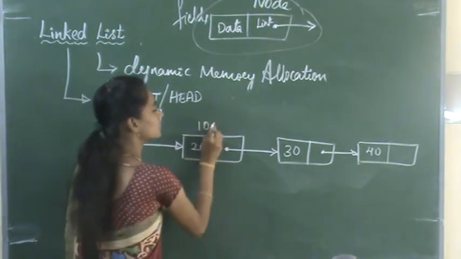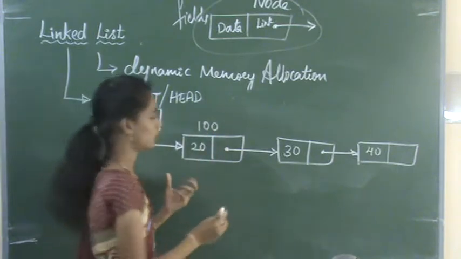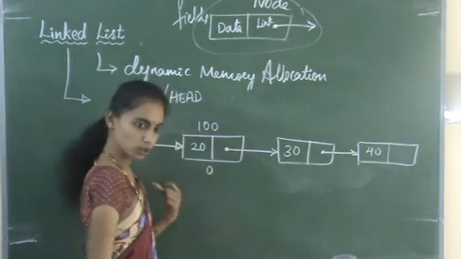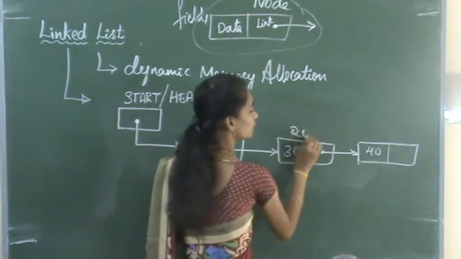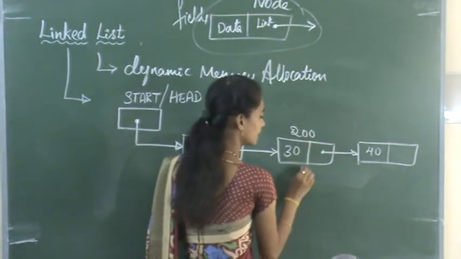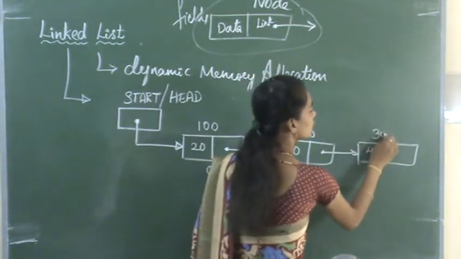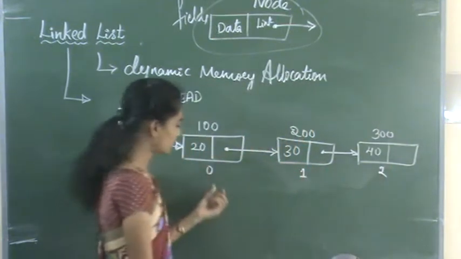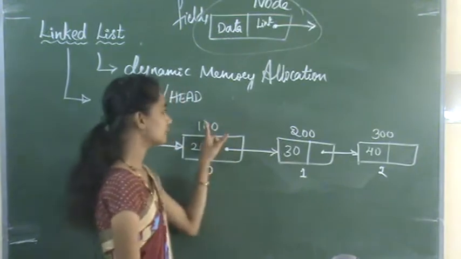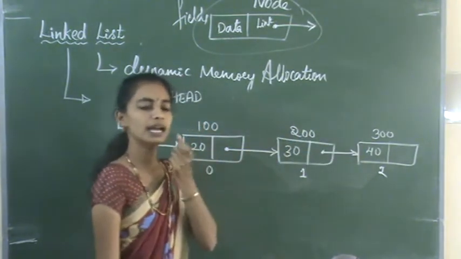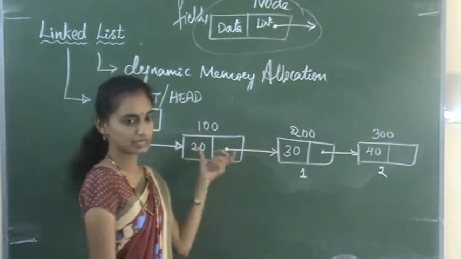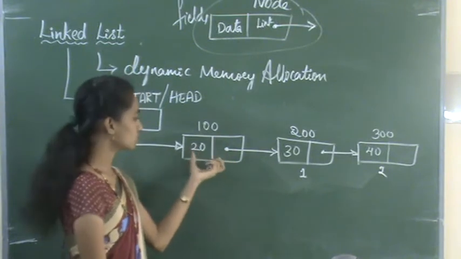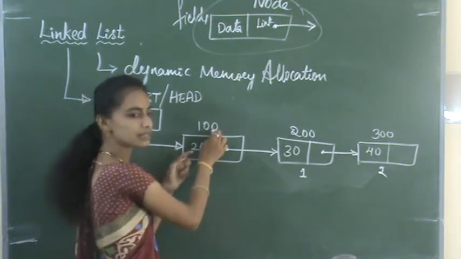Suppose consider this as the address 100 of index 0, 200 of index 1, 300 of index 2. Okay, so these are the indexes and these are the addresses of that element or node. So this node has the address 100.